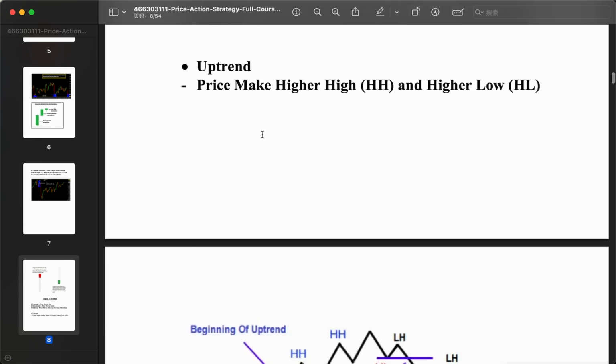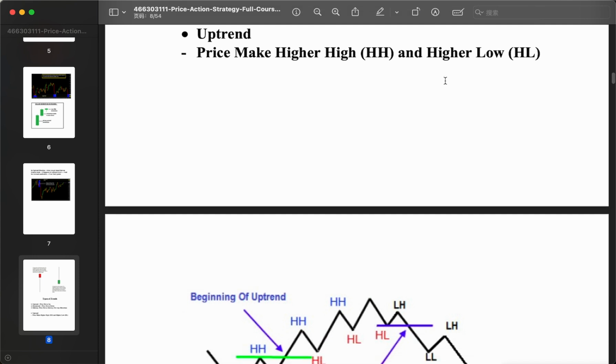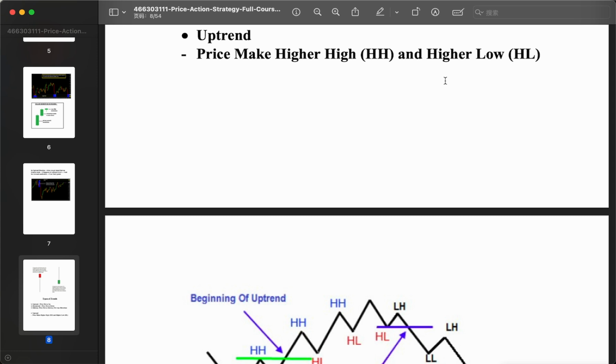And we have uptrend, meaning the price makes a higher high and a higher low, because according to the previous market, from several seconds or minutes ago, the price would have a higher high and higher low.